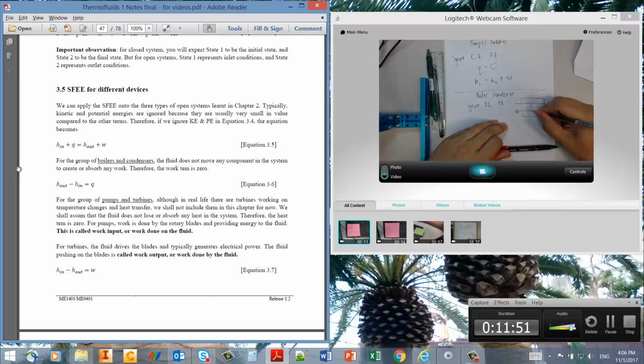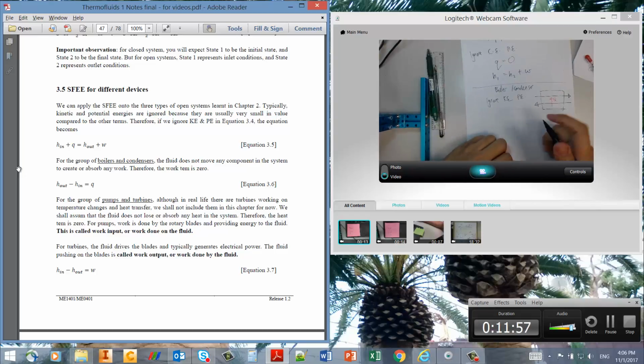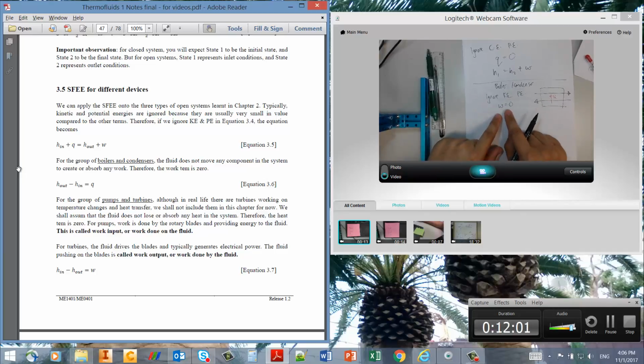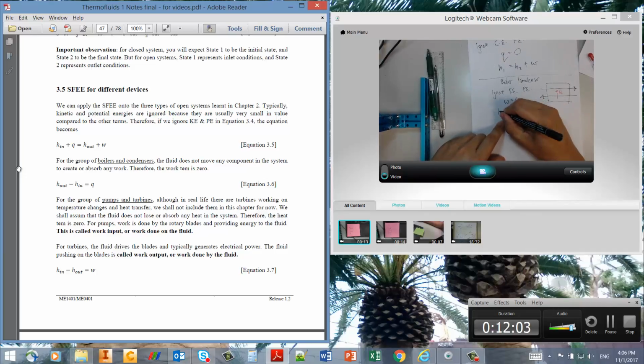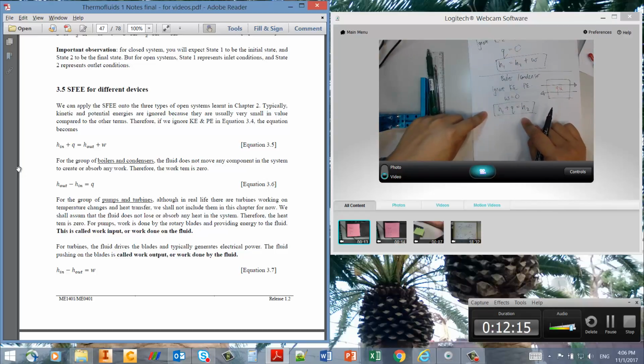So there is a transfer of heat, but there is actually no work done. There are no moving parts in the whole system, so you can treat work done as equal to 0. So in that case, your equation simplifies to become this. So this is for pumps and turbines, this is for boilers and condensers.